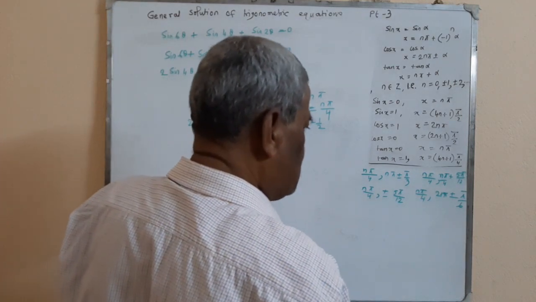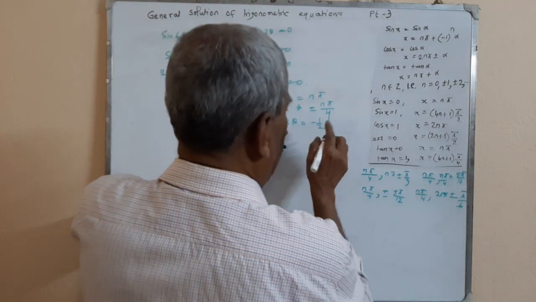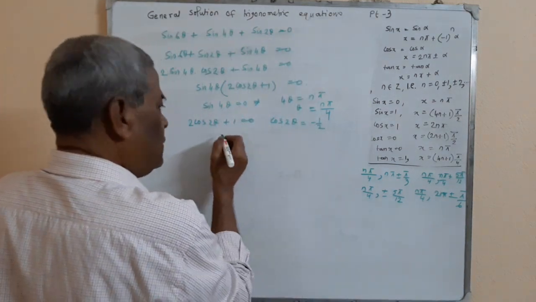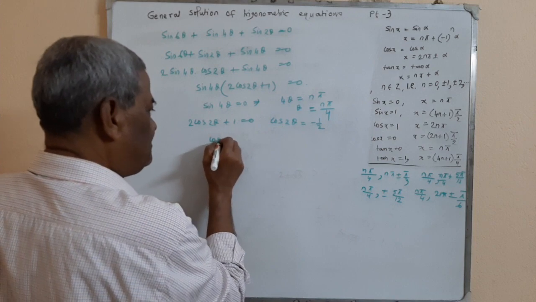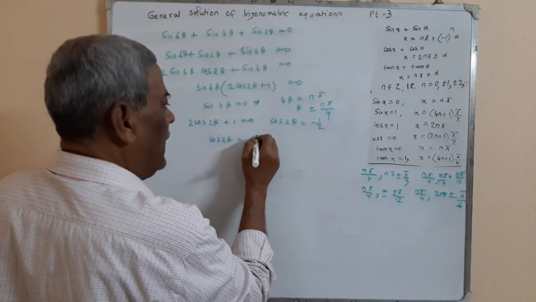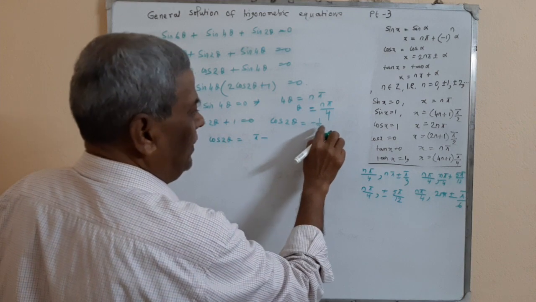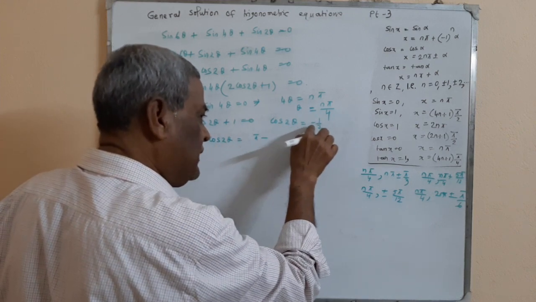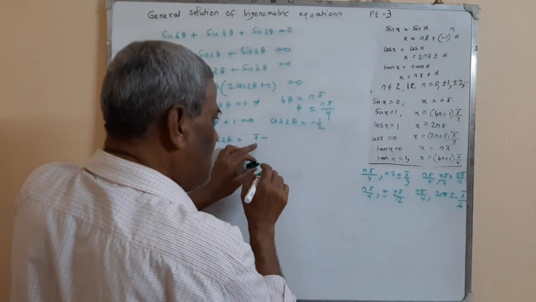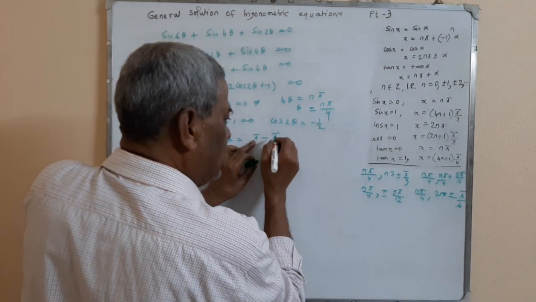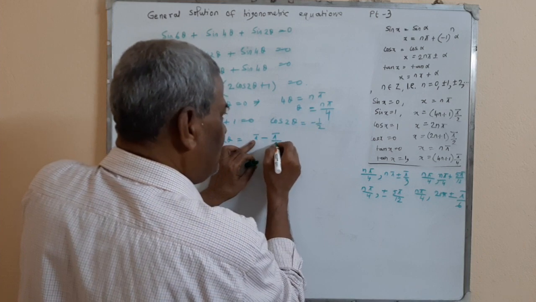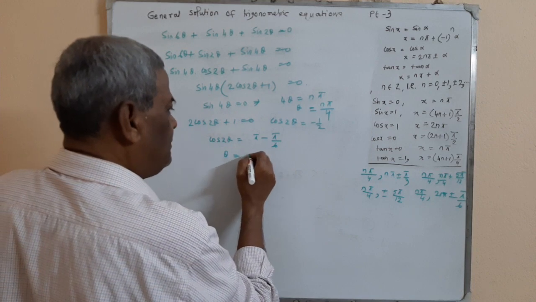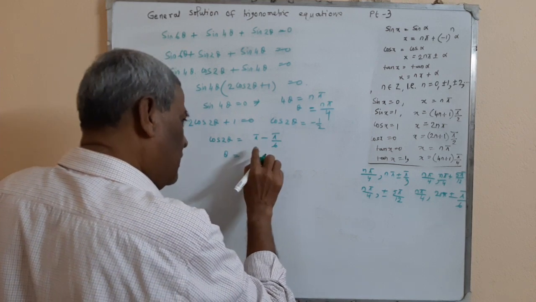Since cos 2θ is negative, it lies in the second quadrant, where the angle is π minus π/6.